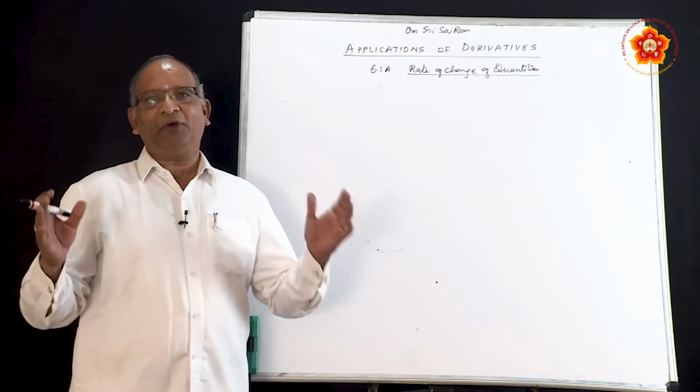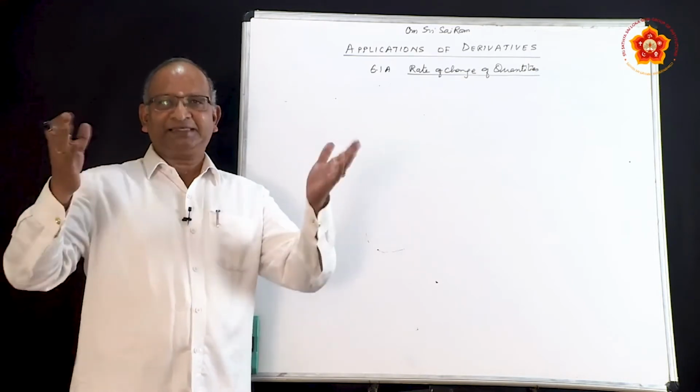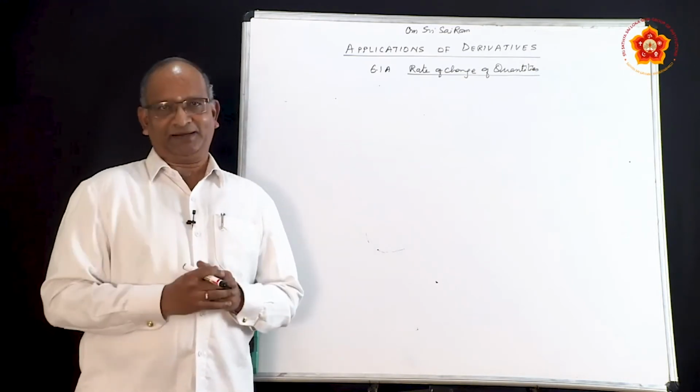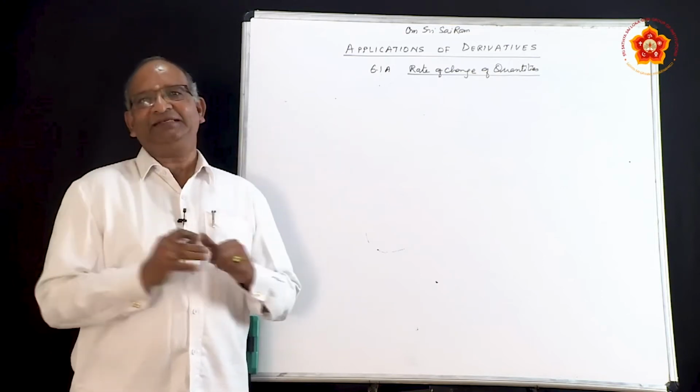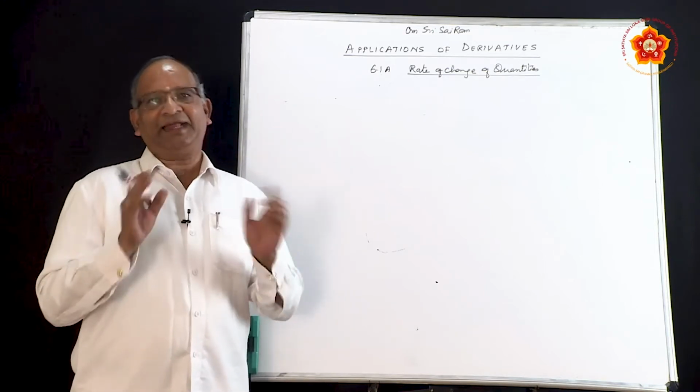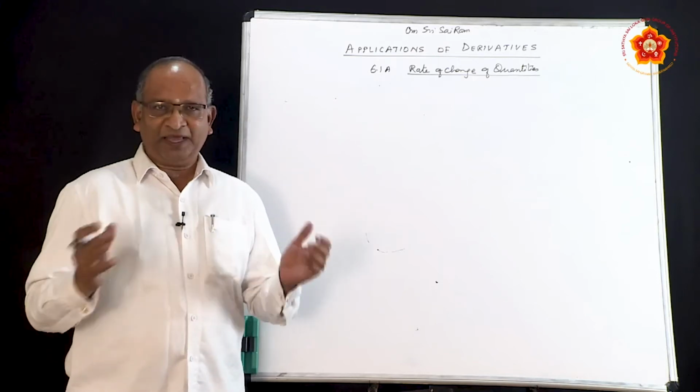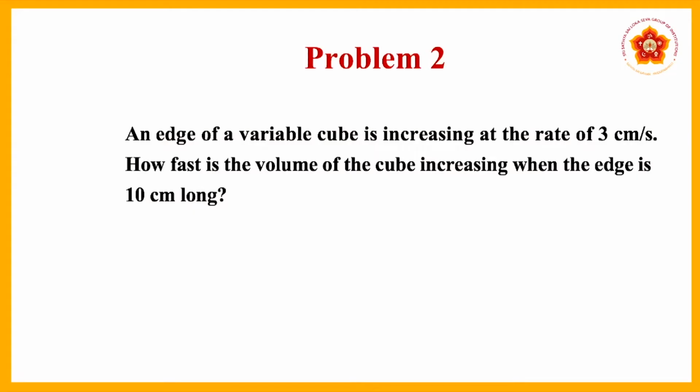So, he is talking about a cube. Each surface of a cube is a square, and for each edge of a square, the sides are equal. So, we are talking about cube, and the problem says an edge of a variable cube is increasing at the rate of 3 centimeter per second.